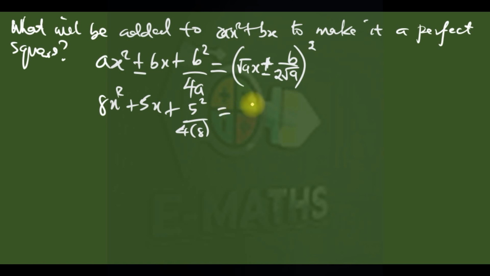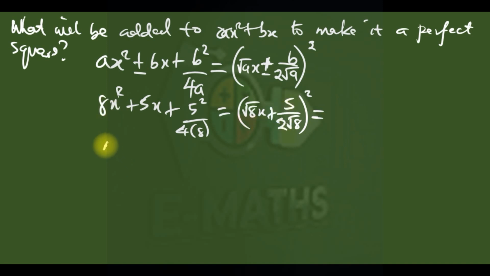And what we'll get is the square root of that, which is root 8 x plus the square root of 5 squared, which is 5, over the square root of 4, which is 2 root 8, all squared. Okay, let's leave it like this.